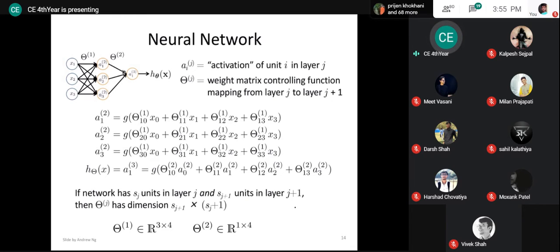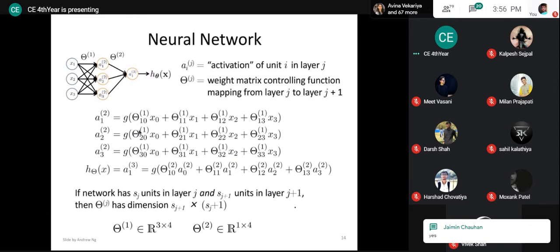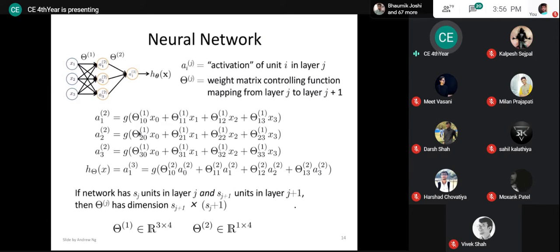And similarly for the next layer, the weight matrix, the theta 2, will be 1 cross 4, where 1 means the output layer and 4 means the previous layer: 3 hidden and 1 bias. So is it clear? Fine. So likewise, for any kind of connection, you can calculate the number of parameters.